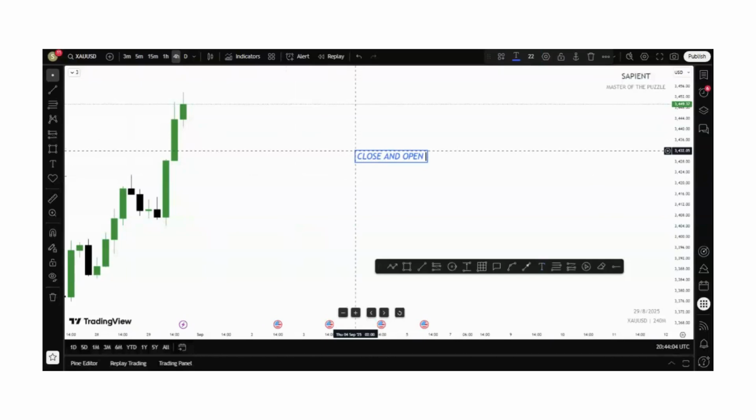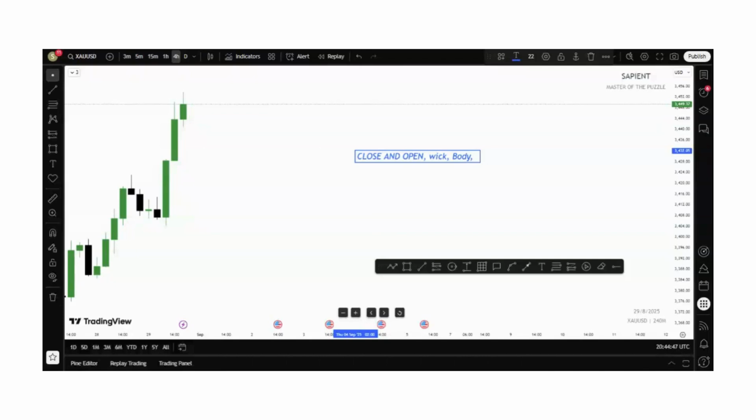A candle also has what we call a wick and a body. So this is the anatomy of a candle: a close, an open, wick, and body.